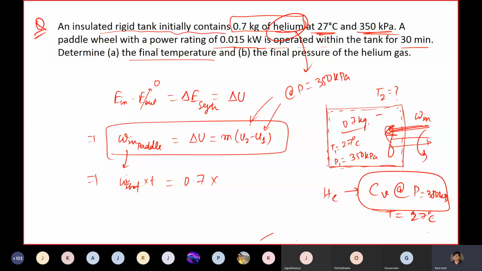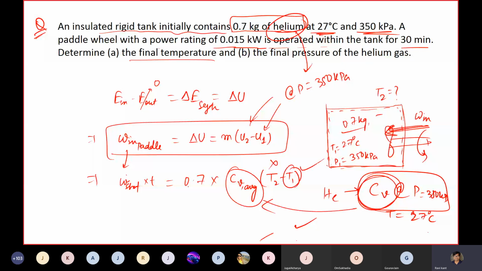So u is equal to C_v average times T2 minus T1. C average you will get from the table. T1 is given, T2 we don't know, everything else is given or you find it in the table. T2 will come out as 39.4 degrees C.